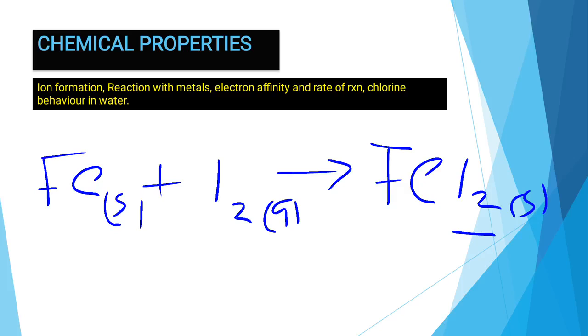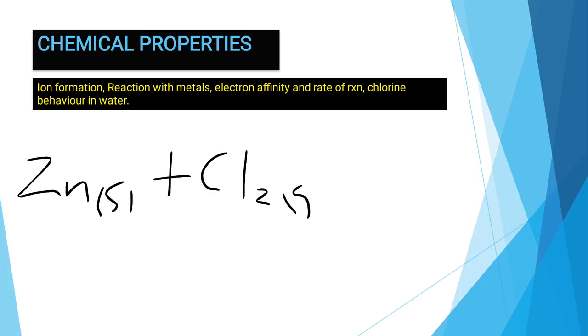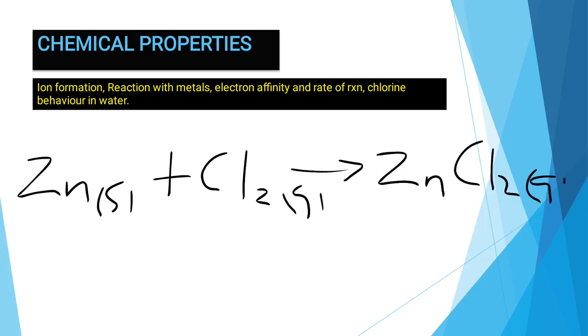With other metals like zinc, we react a metal like zinc, solid, with chlorine, which is a gas, and it gives us zinc chloride. Reacting it with bromine, zinc will react with bromine to give us the same product.